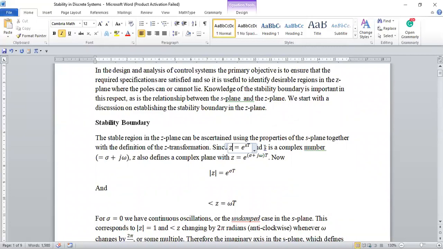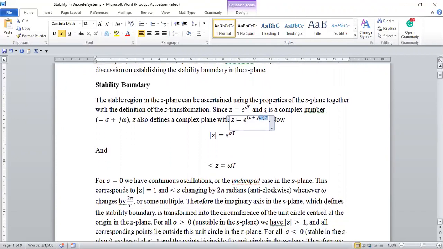And we know that s is a complex number, and it has the real part given by sigma and the imaginary part given by omega. So substituting this into this relationship, we have this. The real part is given by exponential sigma t, while the angle is given by simply omega multiplied by t.